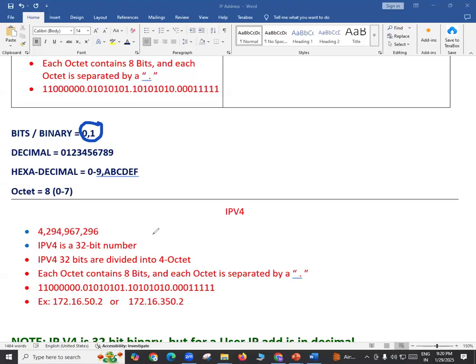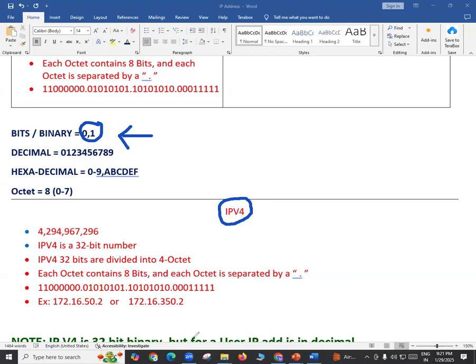Whenever you're using something in your computer, whatever you do, my friend, whether you play an audio file or open a video file, send an email, play a game, whatever activities you do on your machine, at the end of the day, that particular activity or that particular format will be converted into binary. Got it? You can see there is something written as IP version 4 here.